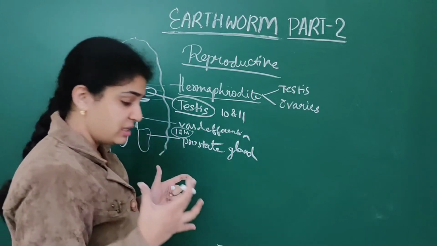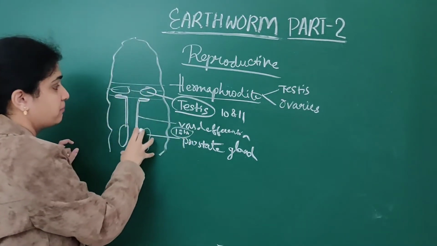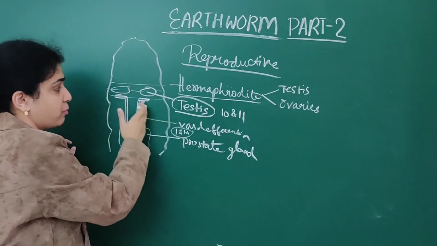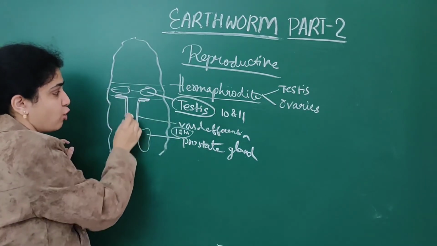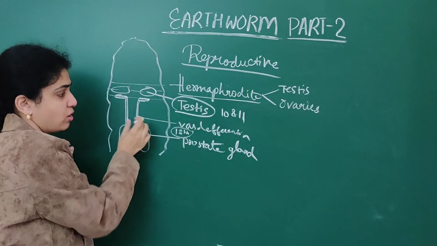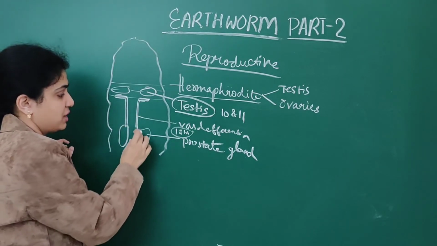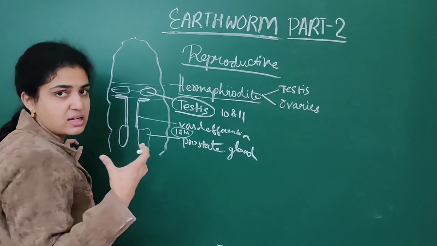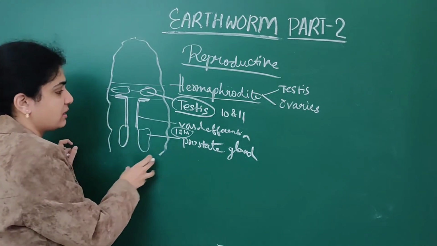So this is about the testes. They are present in the 10th and 11th segments of the body. From there arise long thin tubular structures called vasa differentia, which open into the prostate gland.